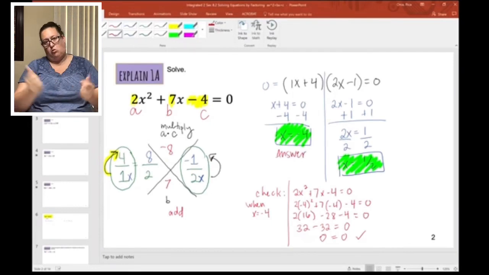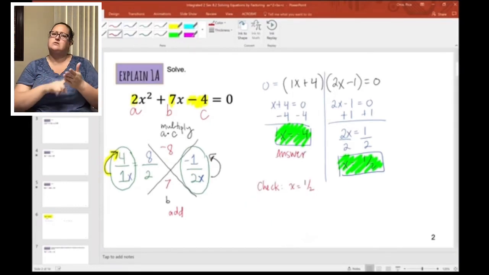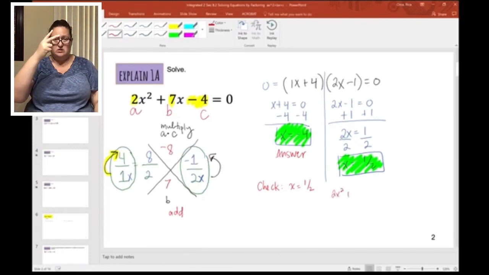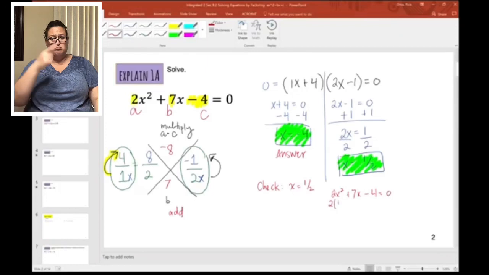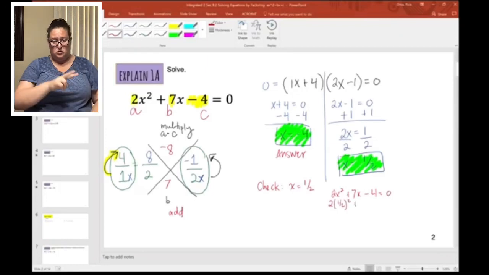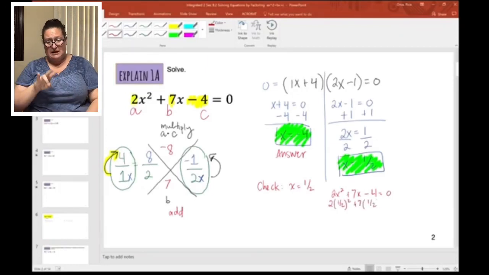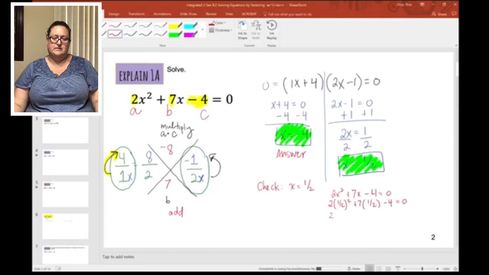Now let's check 1/2. So when x equals 1/2, we have 2x squared plus 7x minus 4 equals 0. So take the 1/2 and plug it in. 2 times 1/2 squared plus 7 times 1/2 minus 4 equals 0. So that's 2 times 1/2 squared is 1/4.